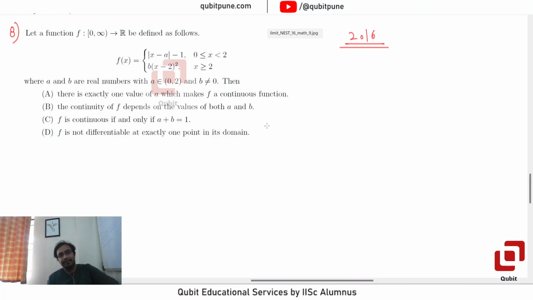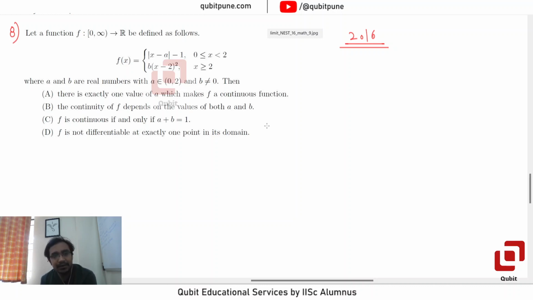Let a function f from closed interval 0 to infinity to R be defined as follows. f of x is equal to mod of x minus a minus 1 when 0 is less than or equal to x less than 2, and it is b into x minus 2 squared when x is greater than or equal to 2, where a and b are real numbers with a belonging to open interval 0 to 2 and b not equal to 0. Then there is exactly one value of a which makes f a continuous function.